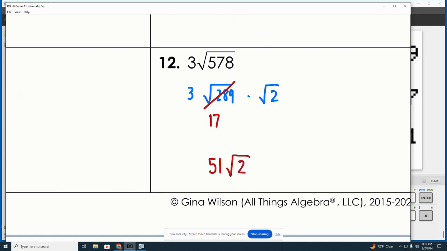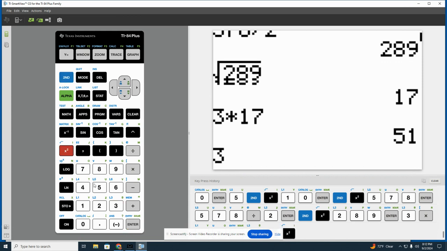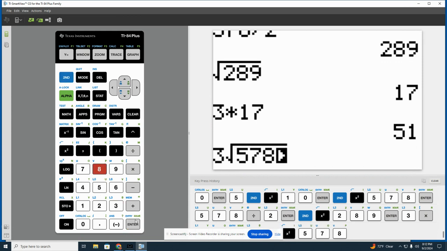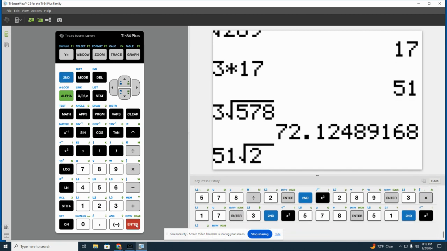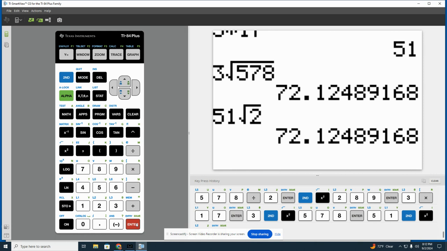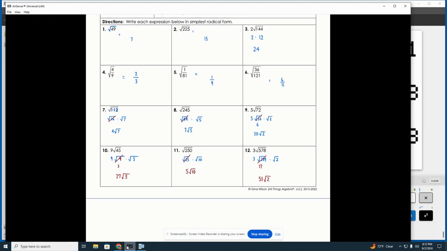And again, go back and check it. 3 times the square root of 578 is 72.12489, whatever. Let's try 51 times the square root of 2. Bingo, we did it. We have simplified all of these radicals, okay?